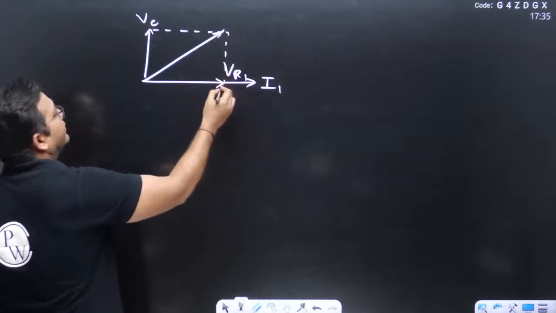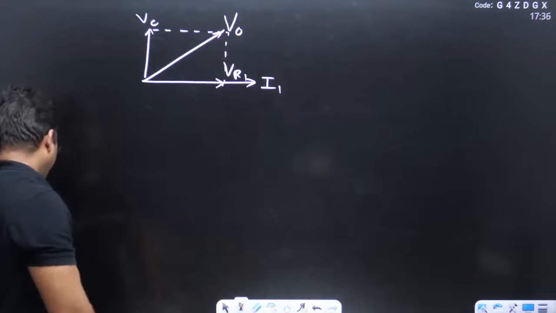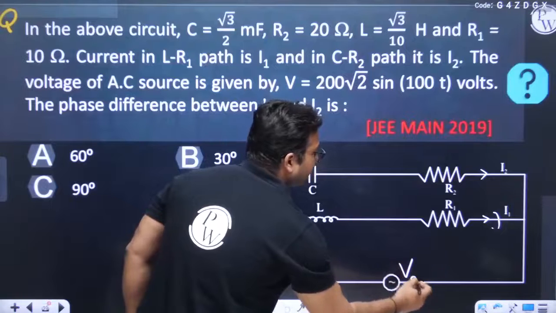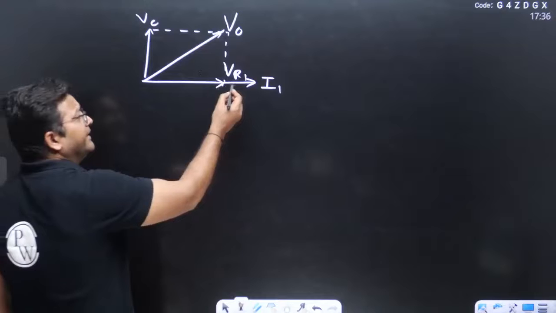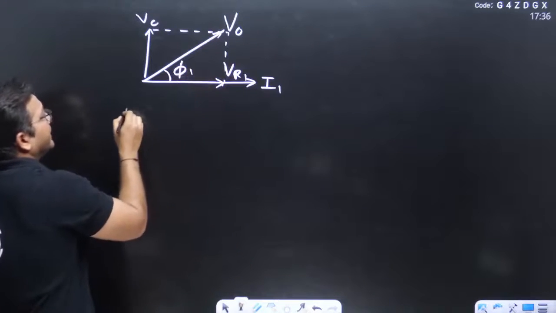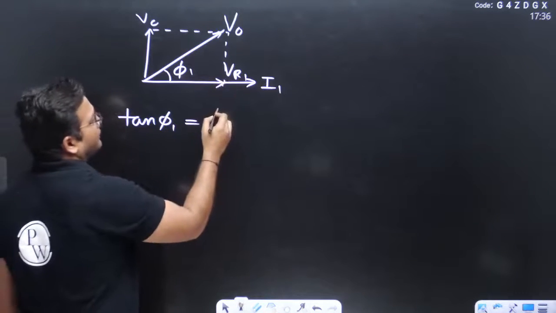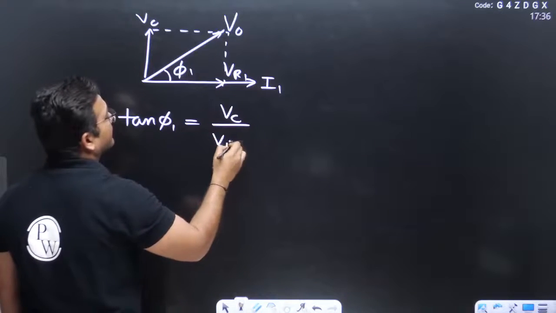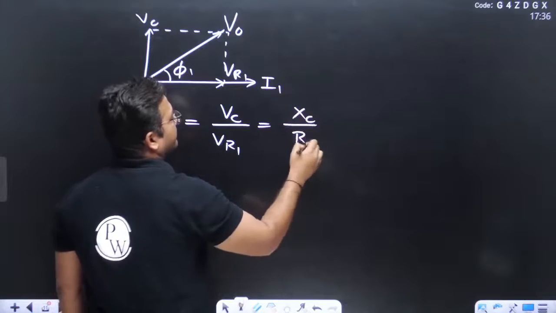Obviously, the resultant of VR1 and VL must give us the net voltage across them, and the net voltage across them is actually the supply voltage, let's say V0. Okay. So clearly I1 lags V0 by some angle, let's say phi 1, and this tan phi 1 can be written as VL upon VR1, which can be written as XL divided by R1.